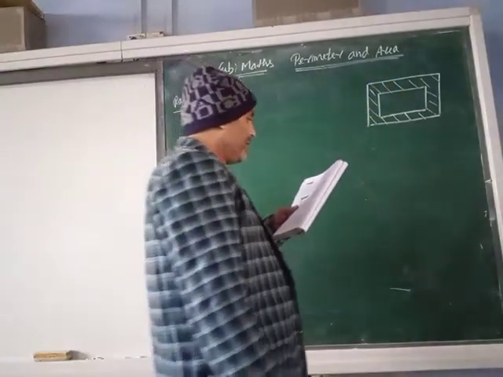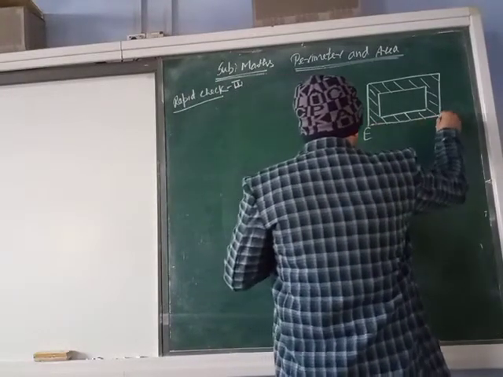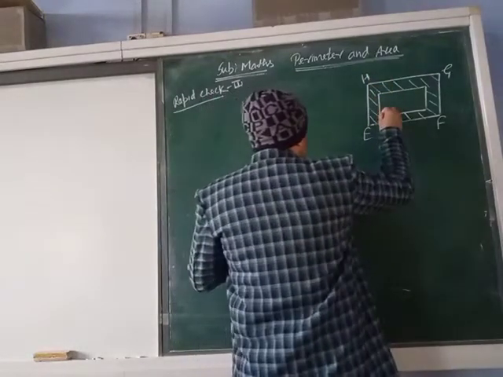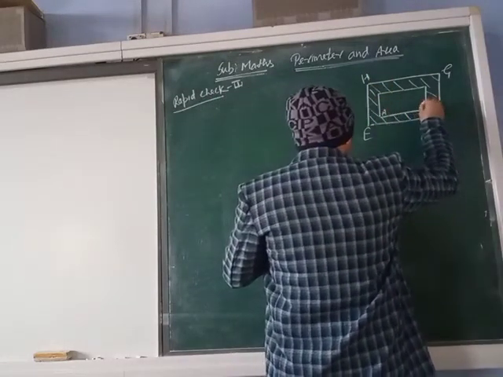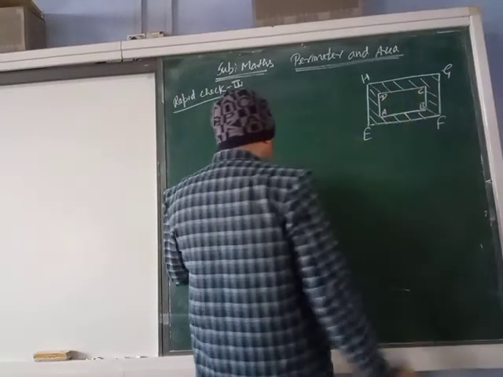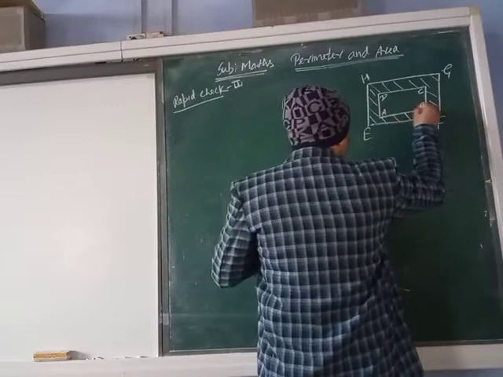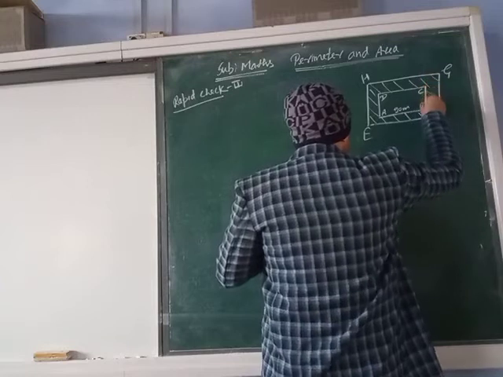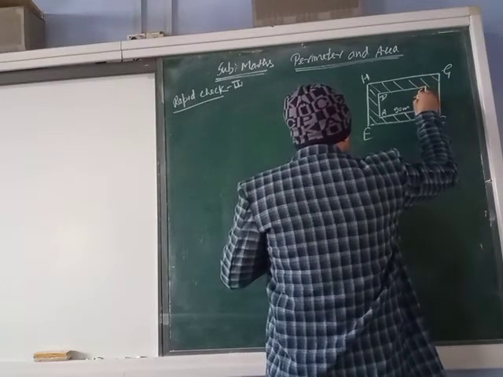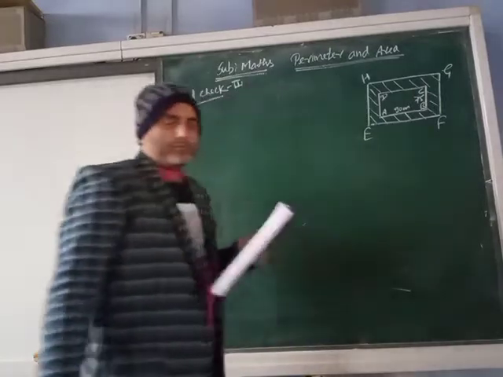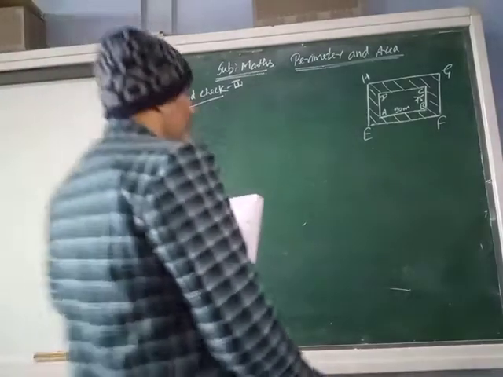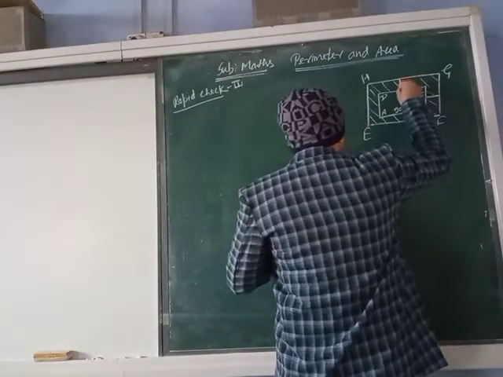Its name is also given, that is E, F, G, H, and inside it A, B, C, D. The inner length is given as 90 meter, this one is given as 75 meter, and the width of the road is 5 meter on all sides.